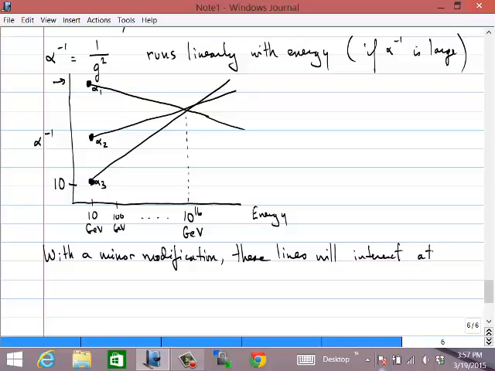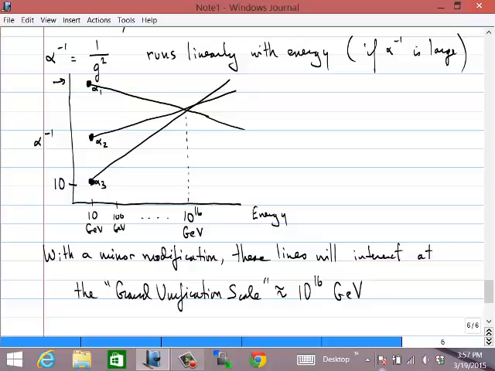And the scale at which they intersect is called the grand unification scale. It's about 10 to the 16 GeV. So why is it interesting if those coupling constants intersect?